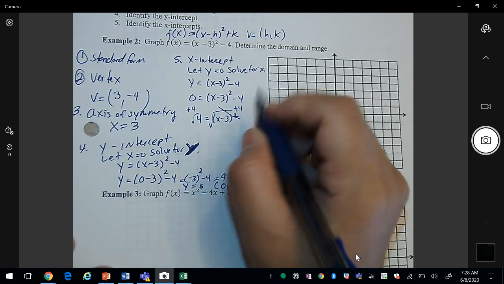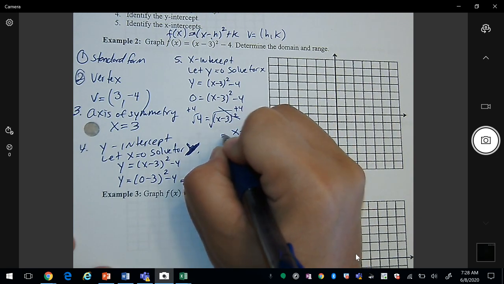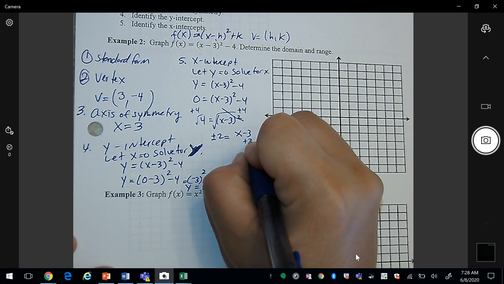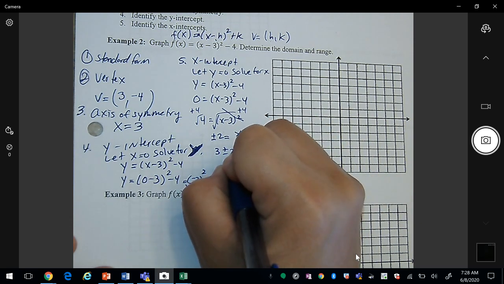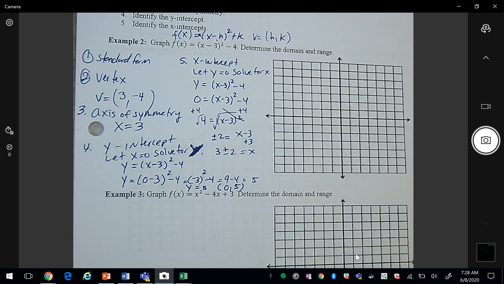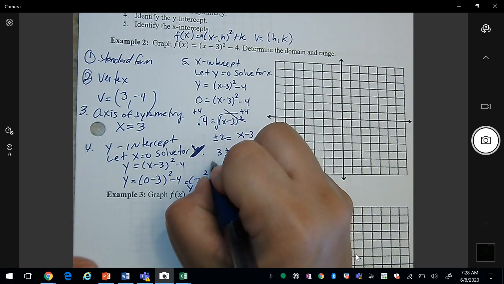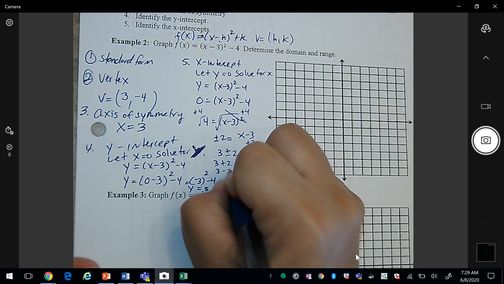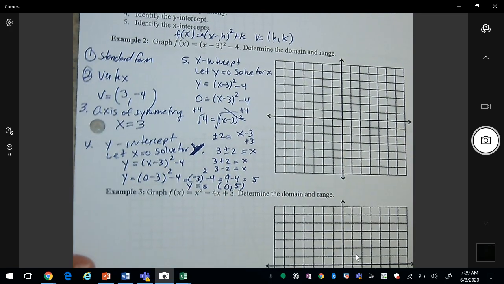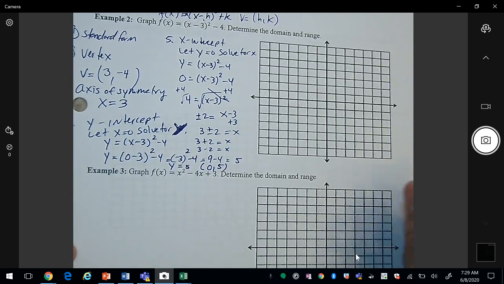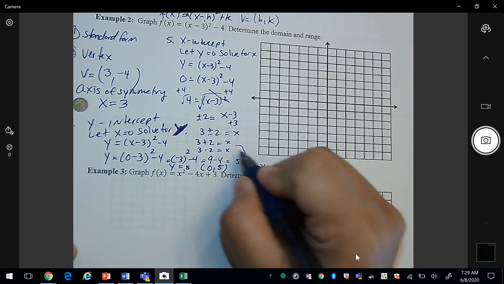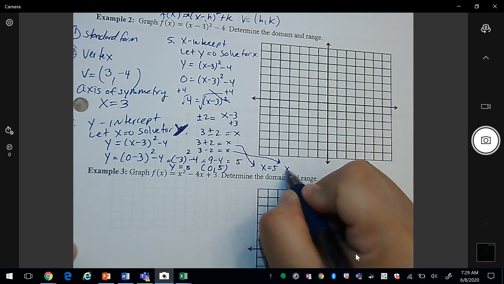The square root and the 2 become a 1. The square root of 4 is plus or minus 2. So we add 3 on both sides. One answer would be 3 plus 2 is equal to x, and the other is 3 minus 2 is equal to x. So this answer will be x is equal to 5, and this one is x is equal to 1.